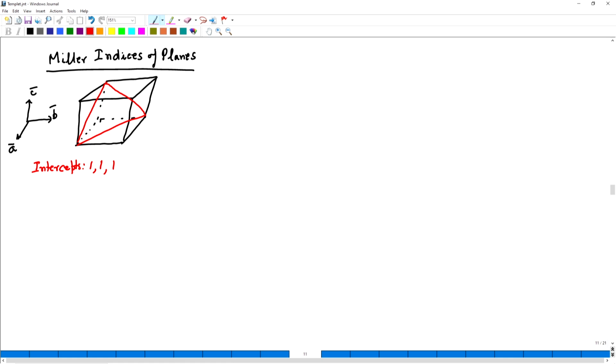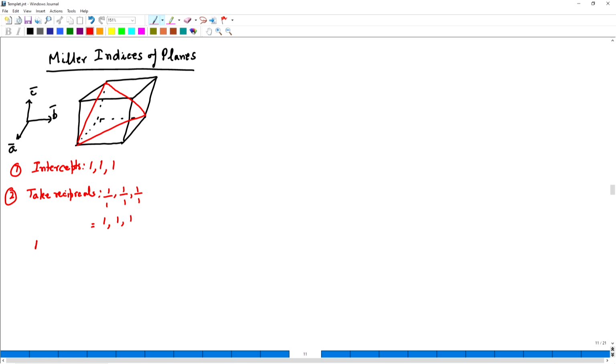So, this is the first step we need to get to the three indices for a plane. The second step, take reciprocals of the indices, which means in this case it is 1 upon 1, 1 upon 1, 1 upon 1, which is nothing but 1 comma 1 comma 1.